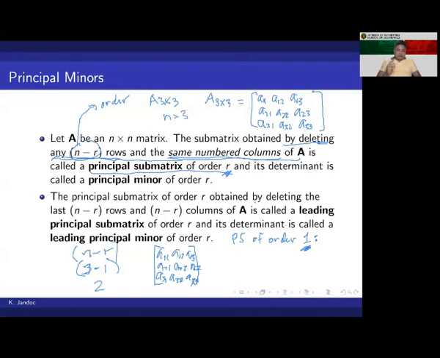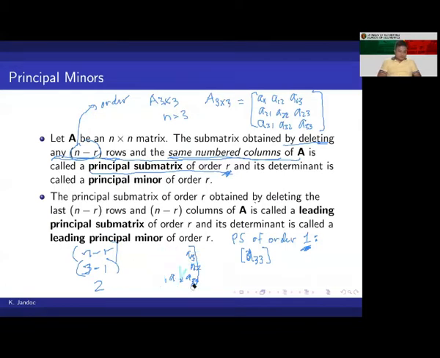We'll delete 2 of them. So if we delete the first row and the second row, we should also delete the first column and second column. So one principal submatrix of order 1 of A is the matrix A33.